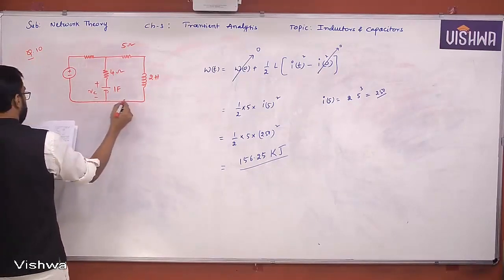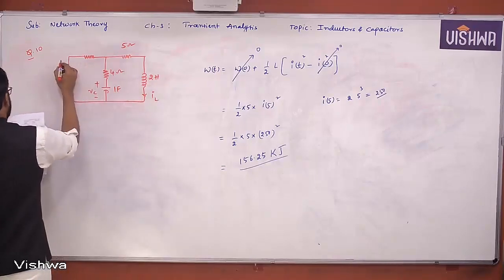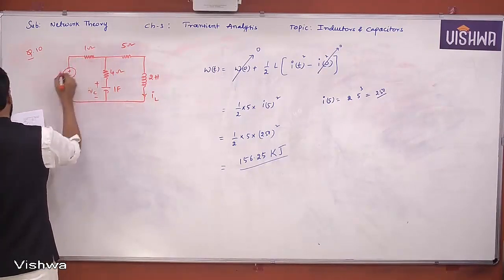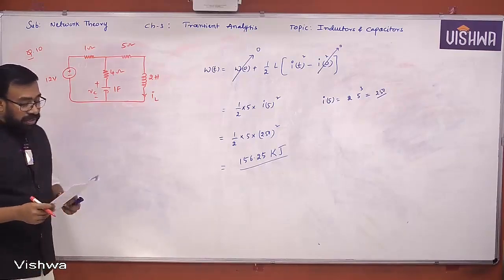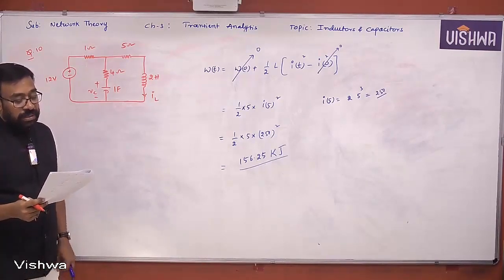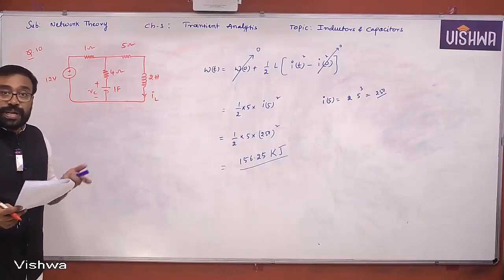This is VC. This is some current IL given. This is 1 ohm and 12 volts. So what is asking actually, in the following circuit with DC conditions, find the energy stored in the inductor and capacitor. Very simple problem, right?